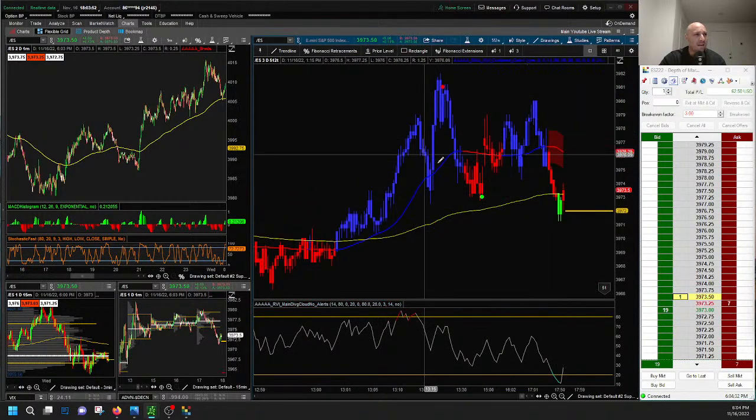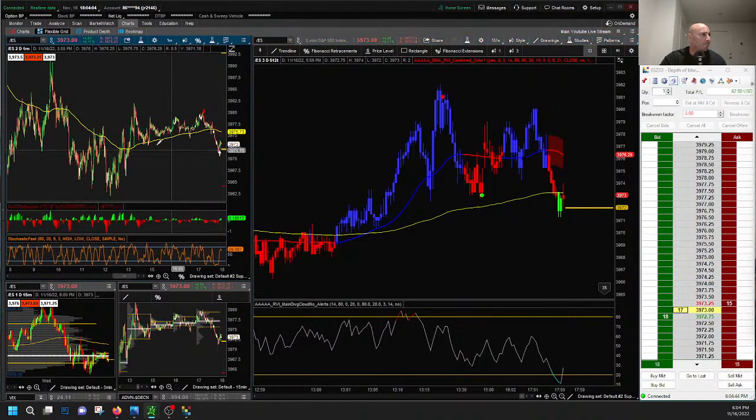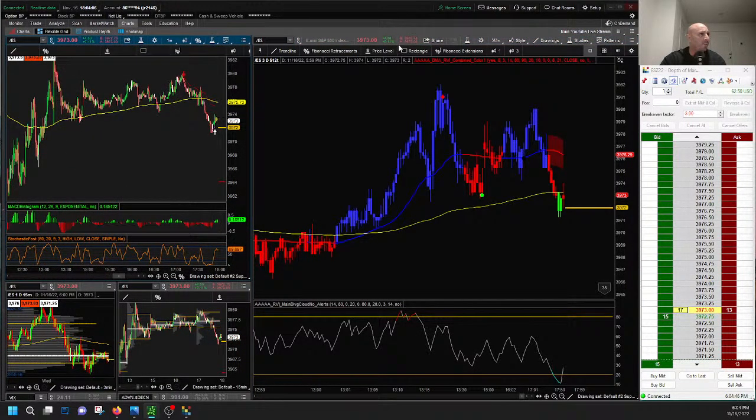So again, think of it as we just got to wait for the trades to set up. Remember that 75 level, 75 and a quarter, I think we said.